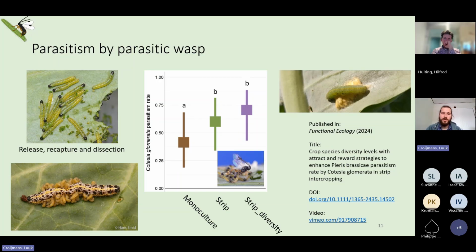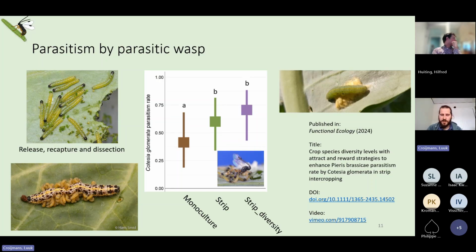And they're very important natural enemies in these agricultural systems. And what we saw there is if we go from monocultures to strip cropping, we see an increase in the parasitic rate, so the natural enemies are more effective. And then we saw another slight increase if you go to strip cropping with 6 crops instead of 2 crops.